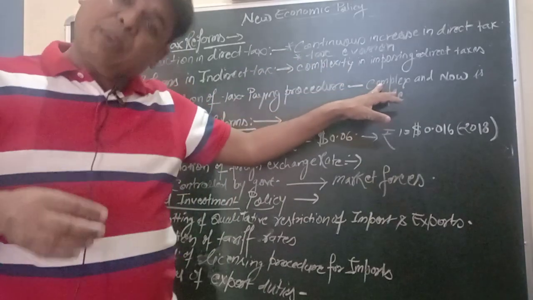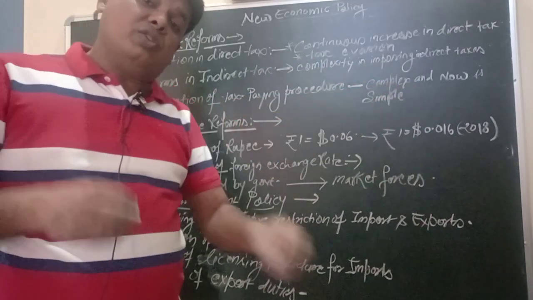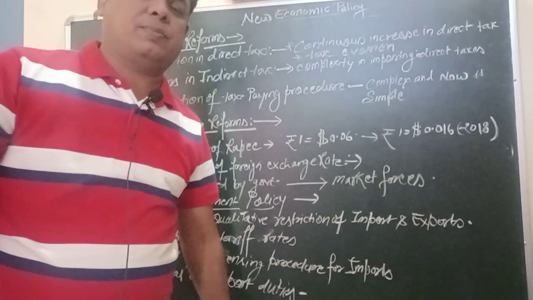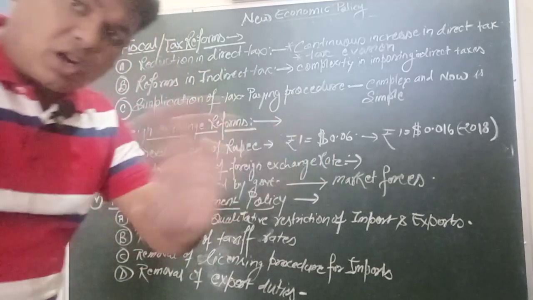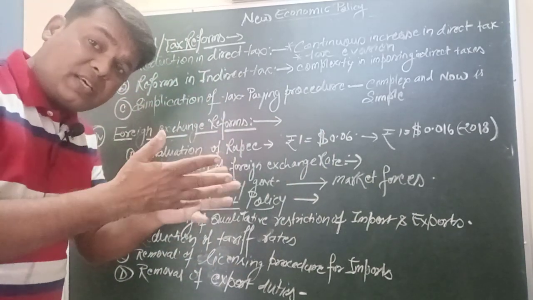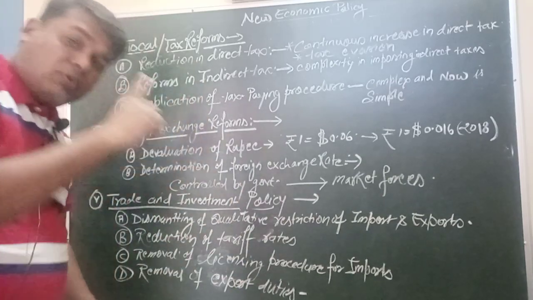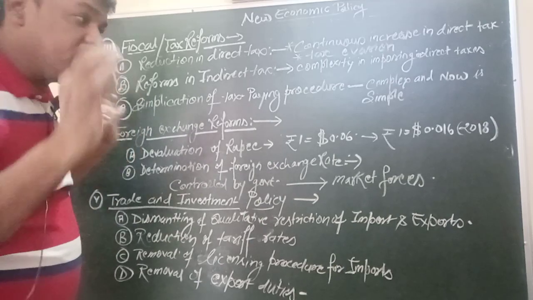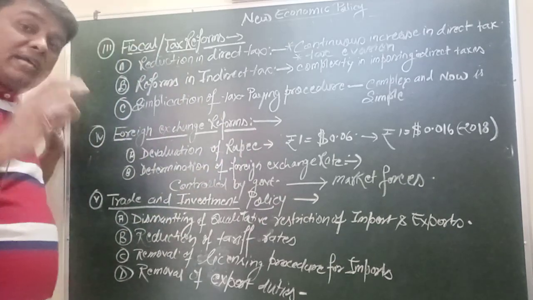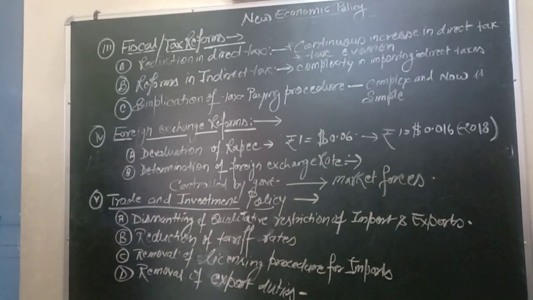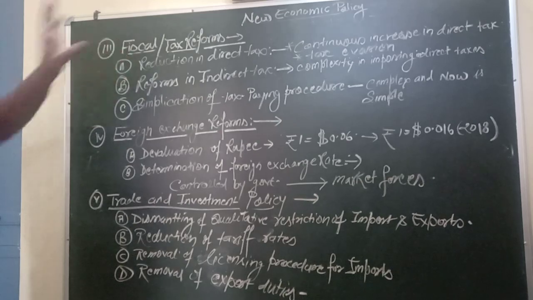Before, it was a complex procedure; now it is simple. With GST, we do not pay different state and border taxes. All over India there is only one tax, the Goods and Services Tax, known as GST. This happened in liberalization; after it, many reforms were made.